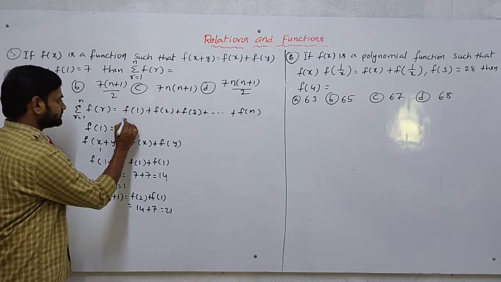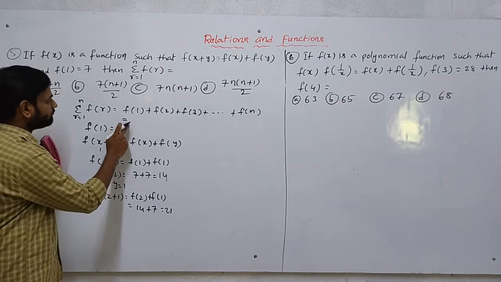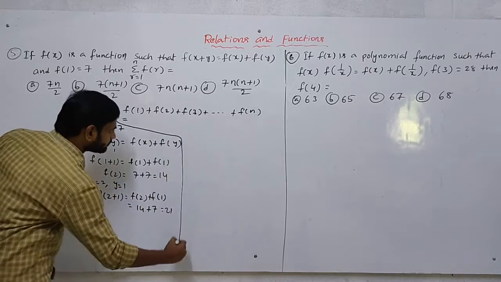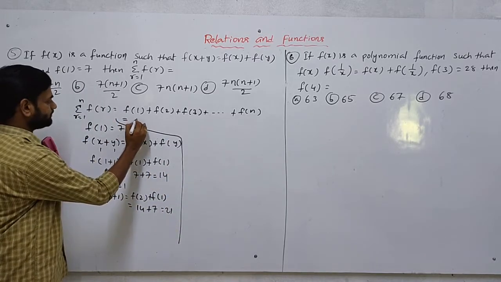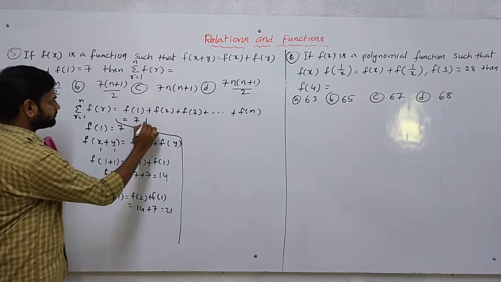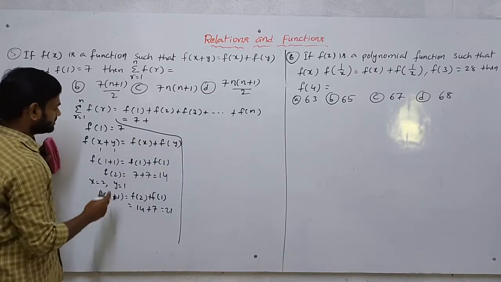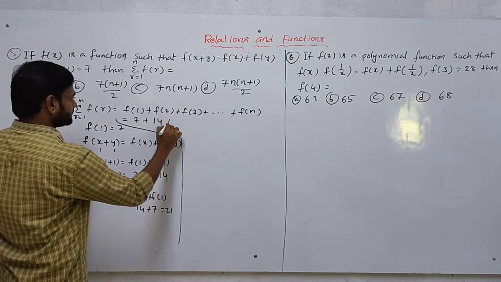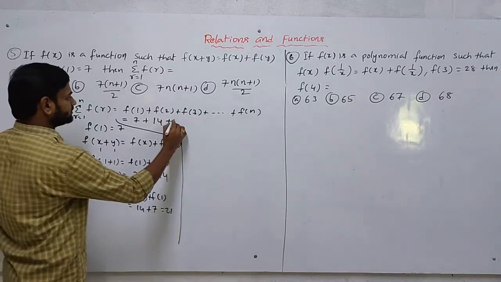Now substitute. f of 1 value is 7 plus f of 2 value is 14, f of 3 value 21, and so on.